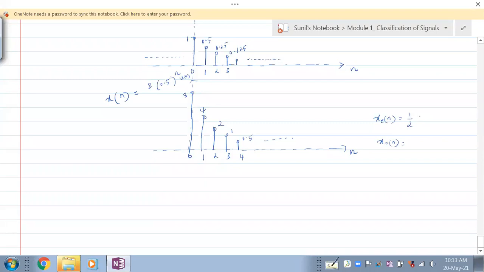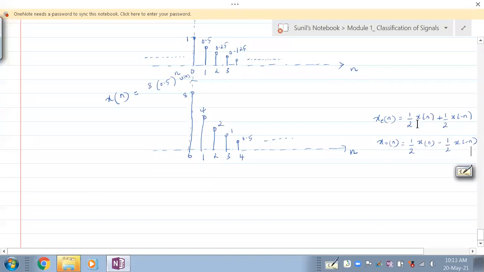So it's half x of n plus half x of minus n for even, and half x of n minus half x of minus n for odd. So it's adding in even and subtracting in odd. Which two signals do we need to obtain even and odd? We need half of x of n and the reflection of that. So let's get ready with that.